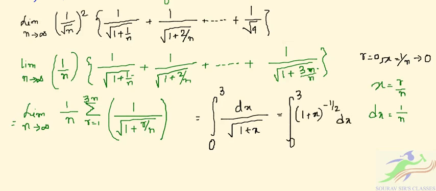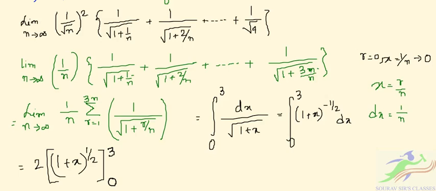If we simplify this, after integration we will get 2 into (1 plus x) to the power half, from 0 to 3. So from there we can see that the value will be 2.